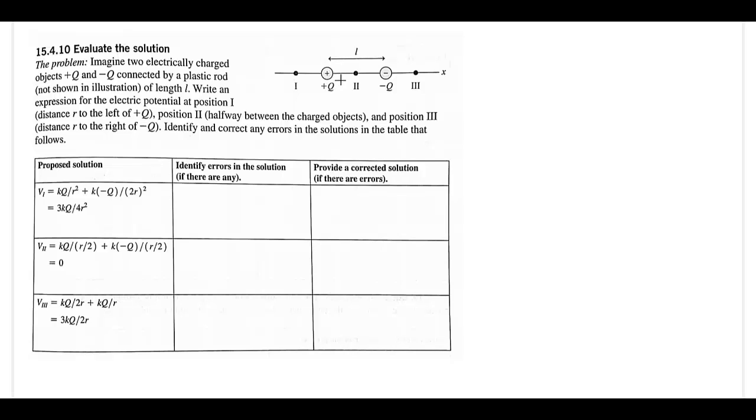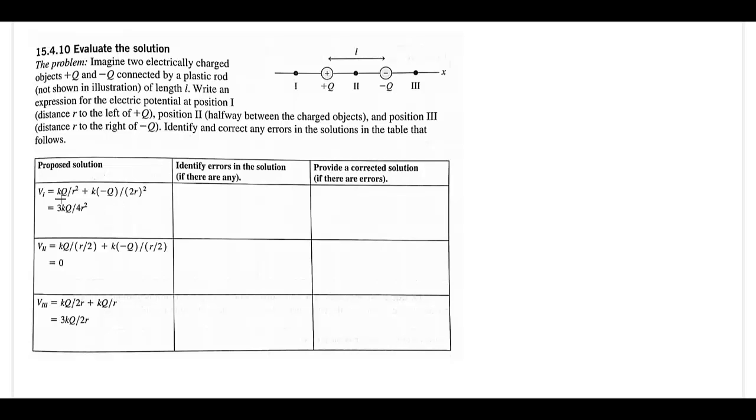So in the solution, if at any point it says that something is several distances of r away from another one, it is not fair to assume that because we don't know that. So for example, in this problem right here, we've got two charges, which means we're going to have the potential from one charge and the potential from another.